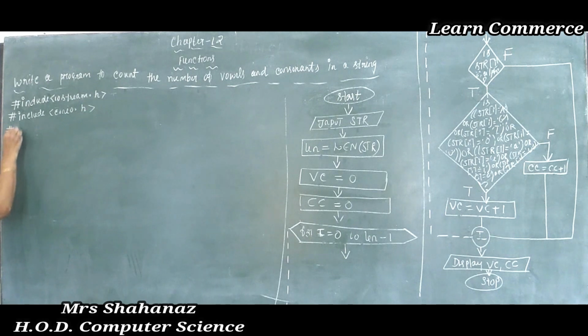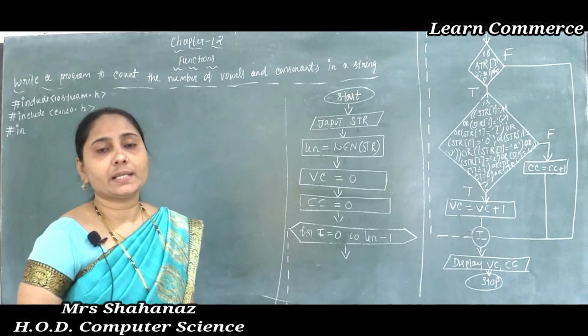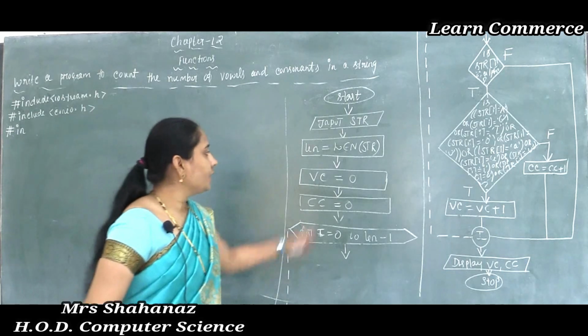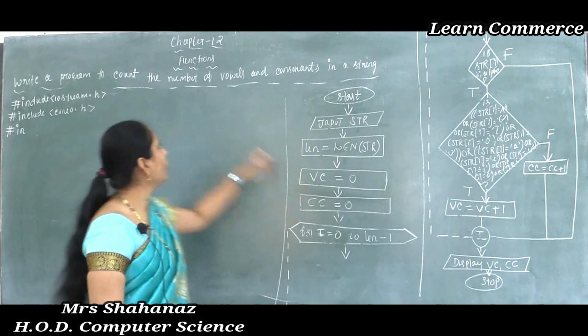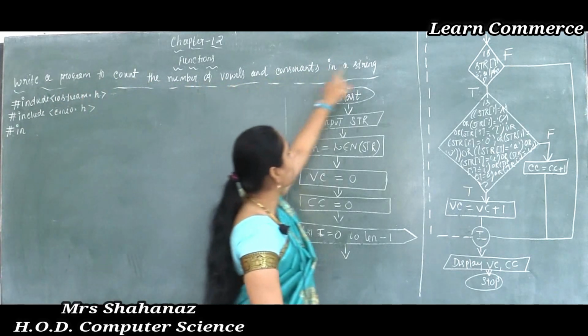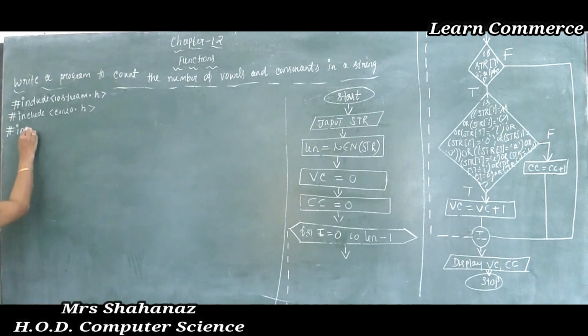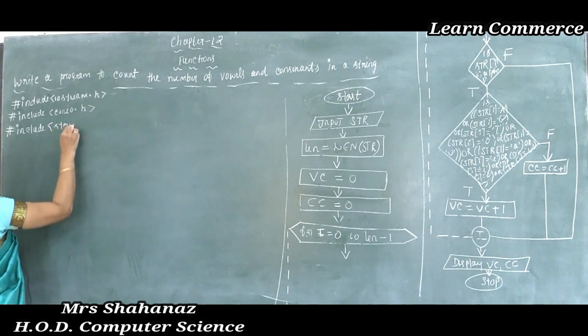The third header file we need to use to complete this program is string.h, because this is a string program. Correct? Here we write a program to count the number of vowels and consonants in a string. So surely we need to use the header file string here. So hash include string.h.